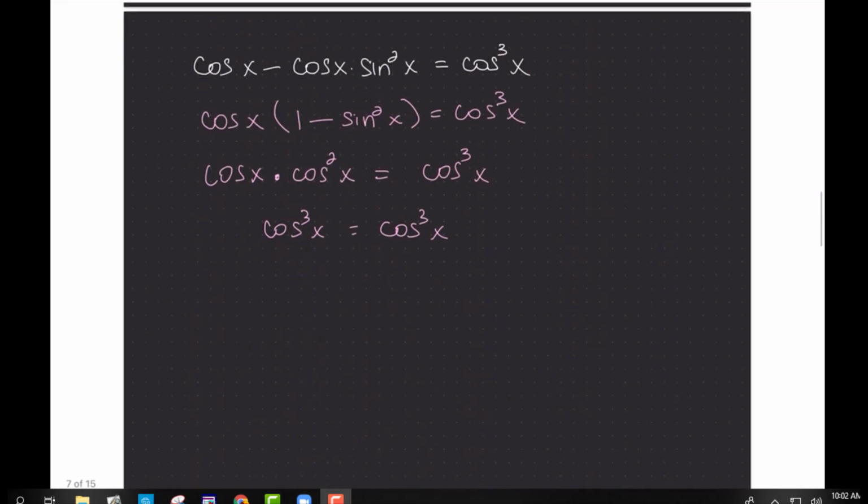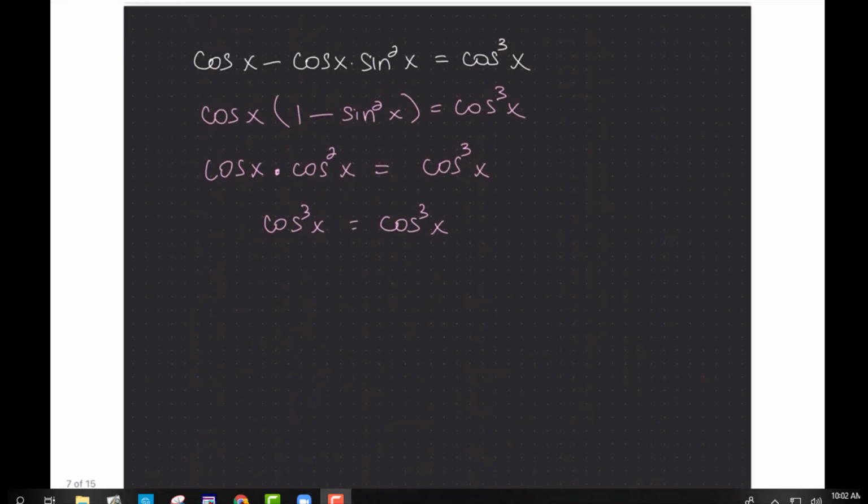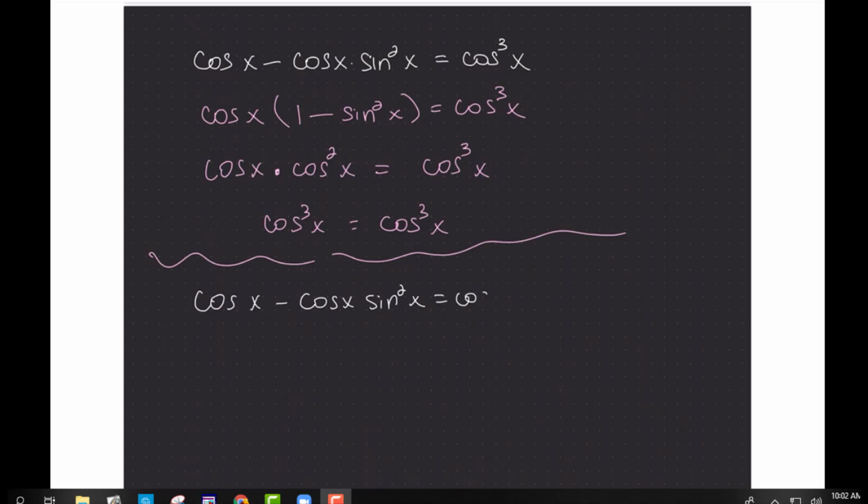See how they take a little bit of practice to get used to what's all going on up here? And there's more than one way to do these. So don't feel like you have to factor out that cosine. You could have left it as cosine x minus cosine x sine squared x equals cosine to the third of x.